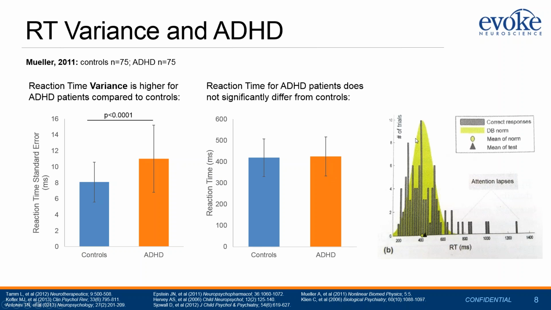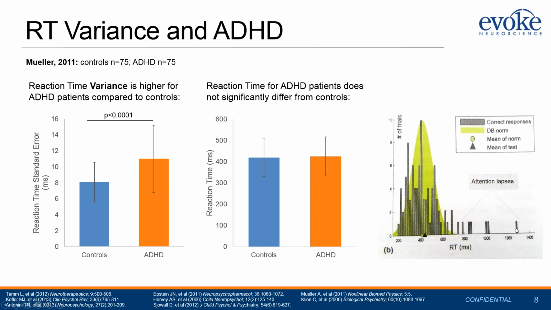And this graph kind of helps us conceptualize why that is. So here on the x-axis, we have reaction time in milliseconds. And on the y-axis, we have the number of trials. And this green wave is showing us our database norm, so where our patient should ideally be. And our black bars are showing patient responses. So this patient is primarily responding within the database norm. But there are a couple of these responses that are way out here.